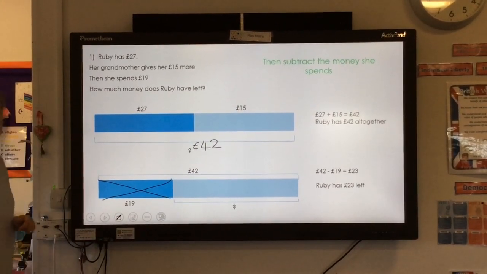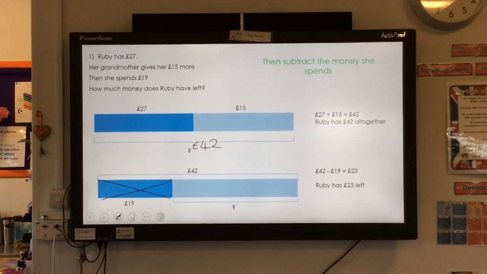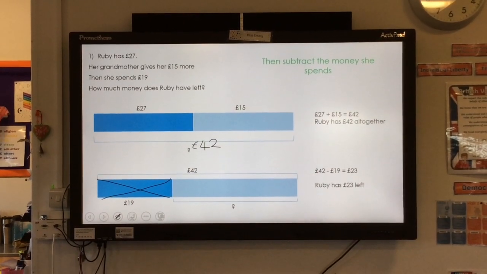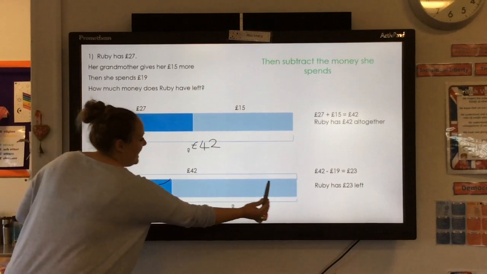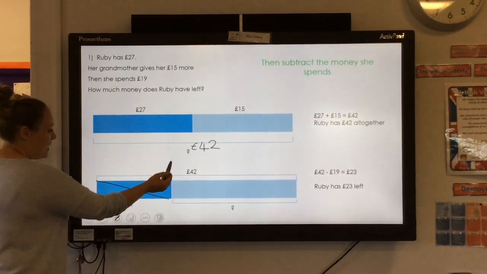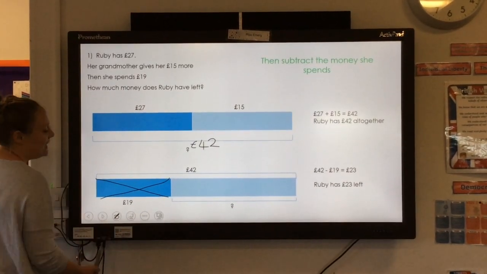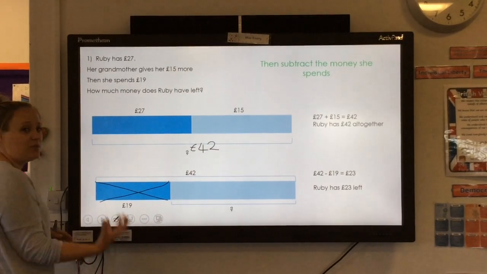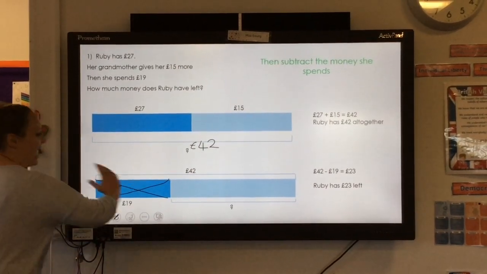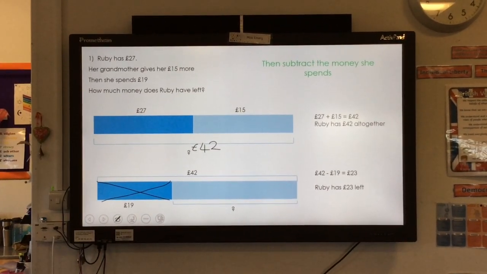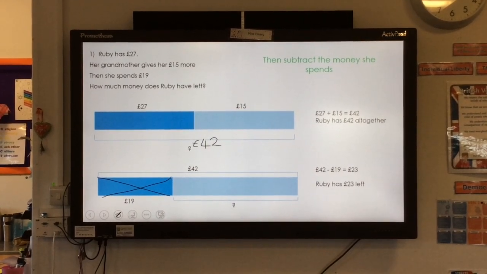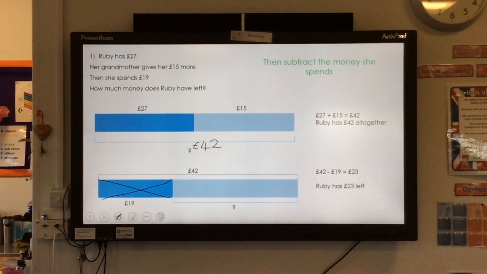It's gone. Gone into the cashier's pocket, never to be seen again. So we need to work out what she had left. Once I've removed 19 from 42, I've subtracted. I've taken away 19 from 42. And if you do 42 take away 19, you get 23.